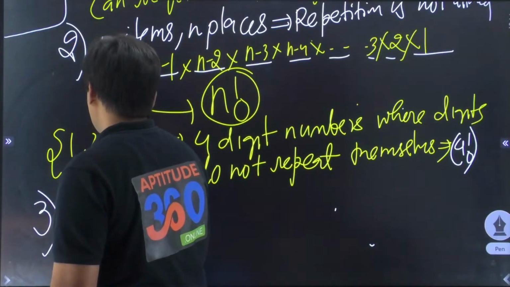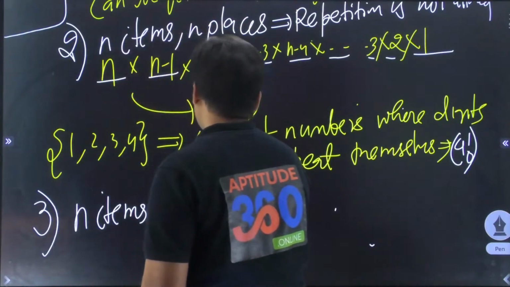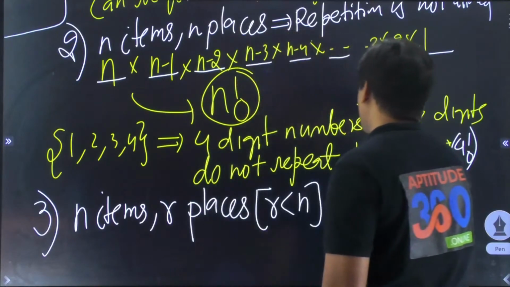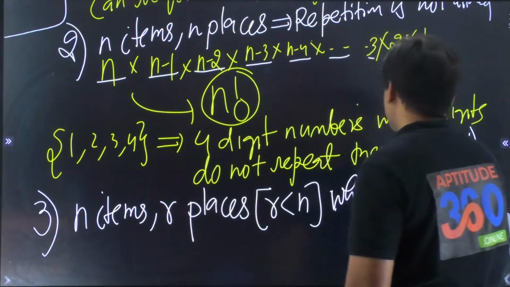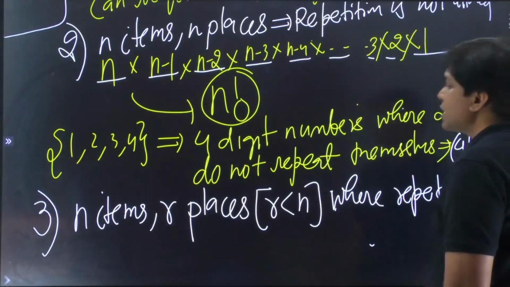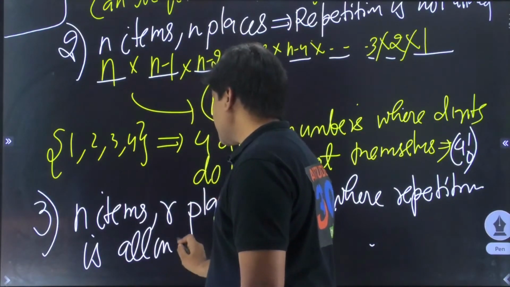Third, n items, r places, r is less than n, where repetition is allowed.